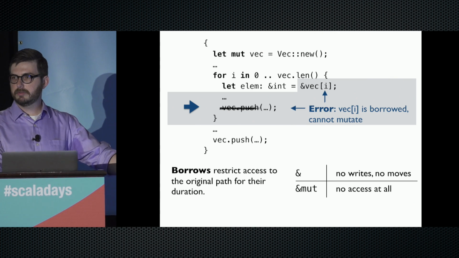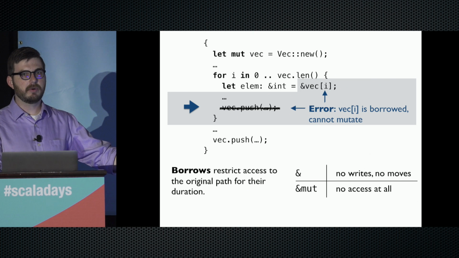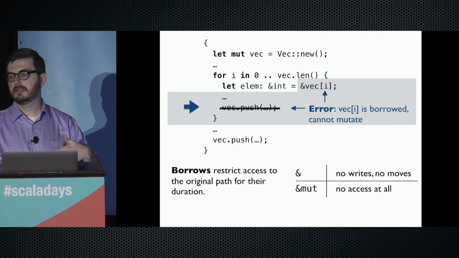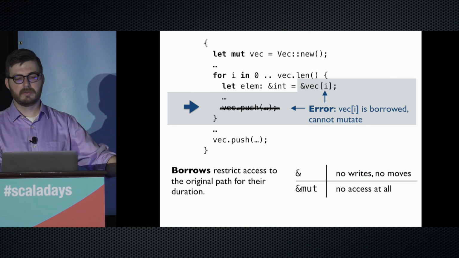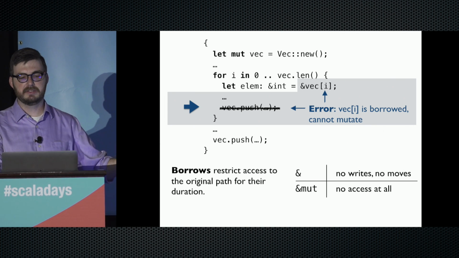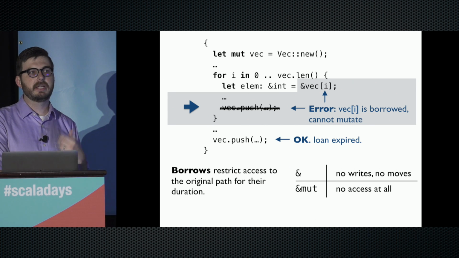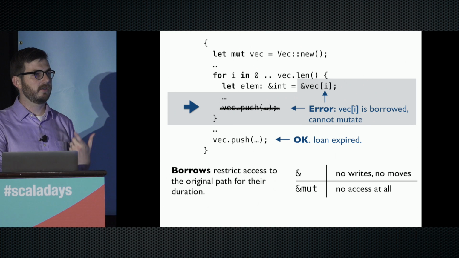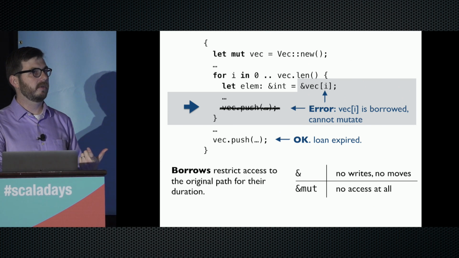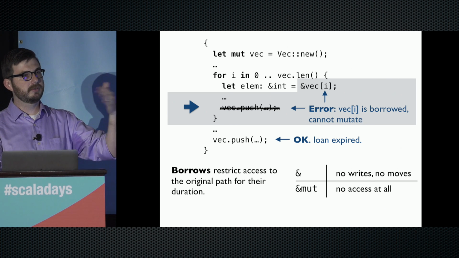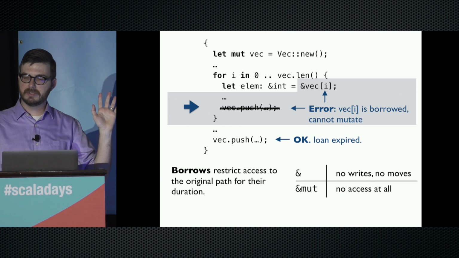And Rust will rule it out because basically calling the push method requires a mutable reference, but we already have a shared reference taken out in the same scope, right? So for the same reason as the last slide, this is not allowed. But after the for loop, we're guaranteed that none of these shared references are live anymore, right? We're only referencing inside the vector each time around the loop, and then once we escape, there are no more references.